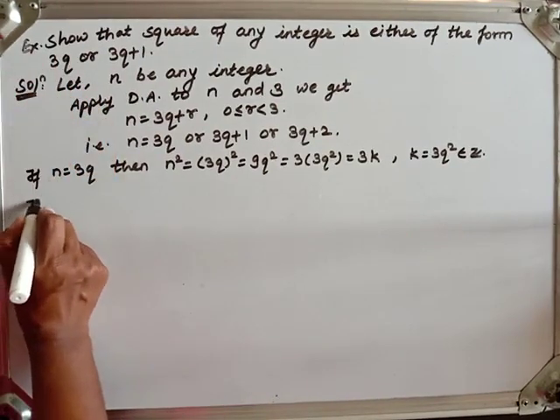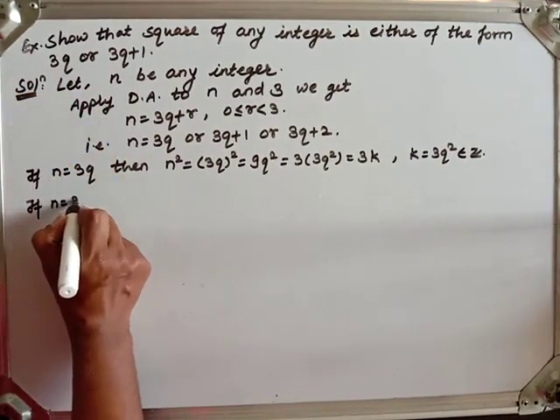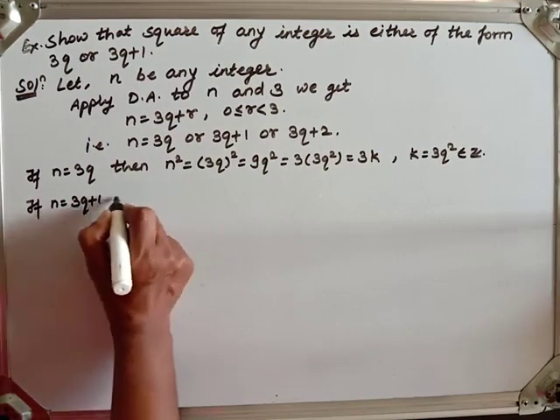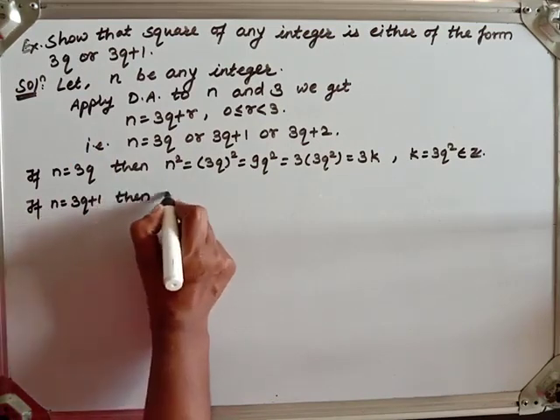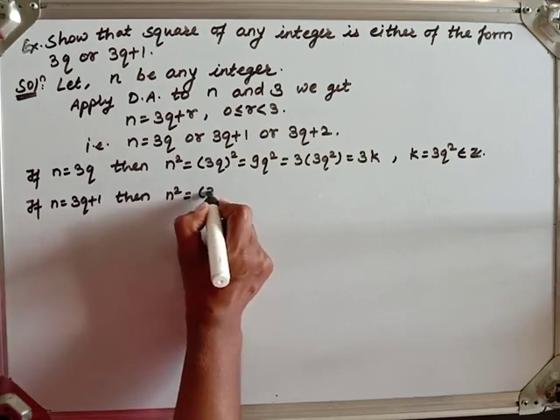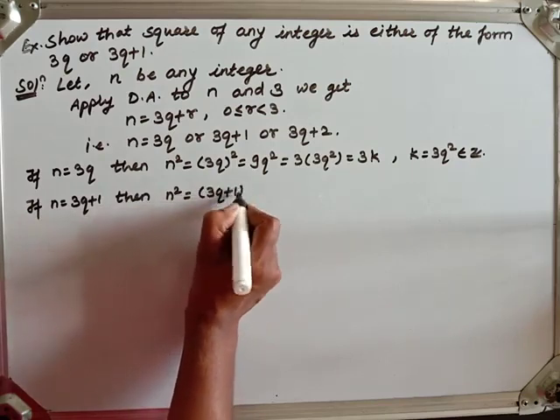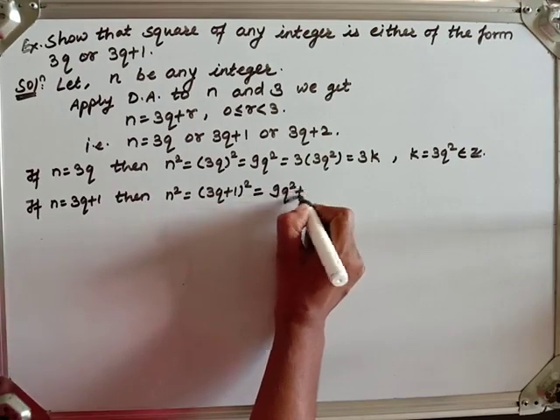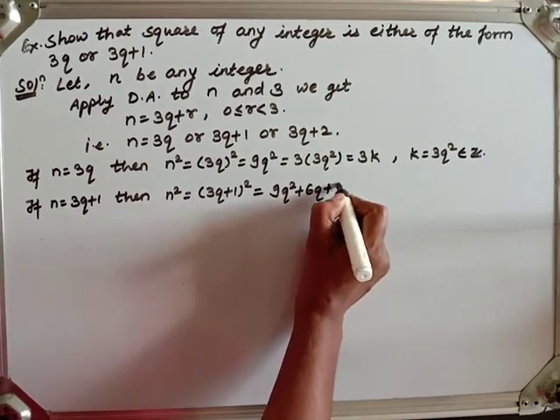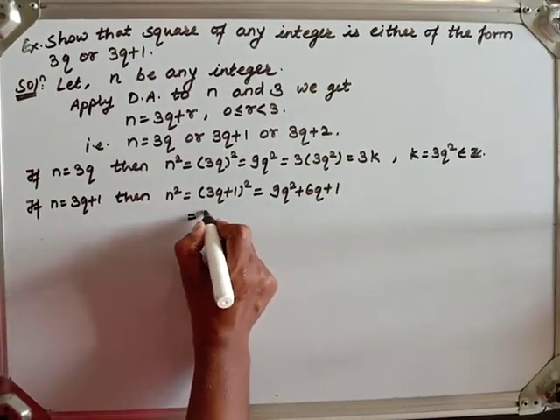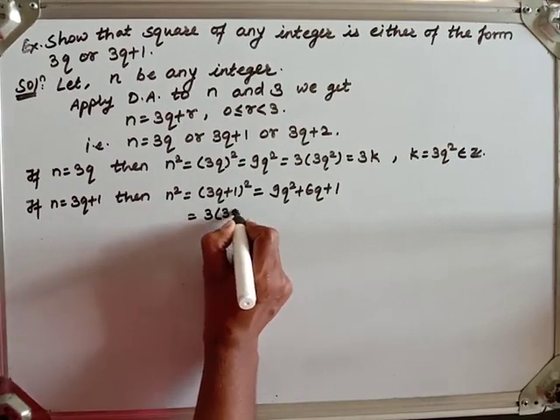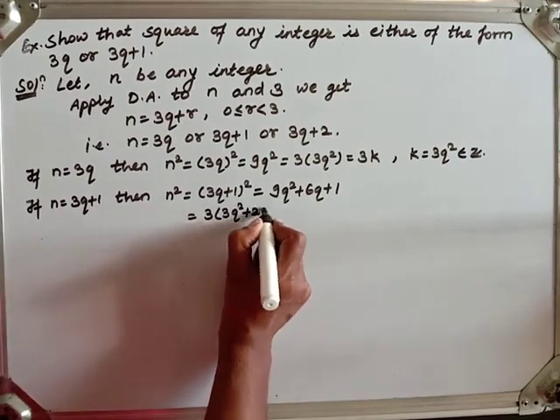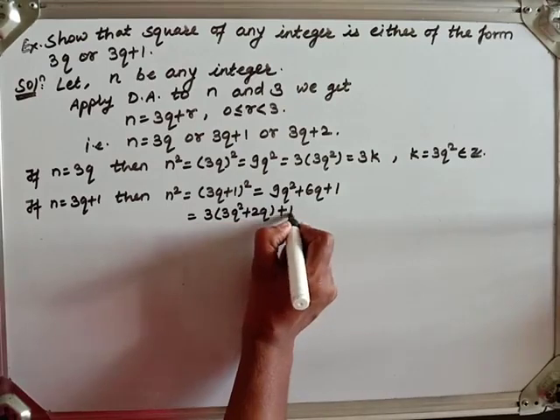Now consider n is equal to 3q plus 1. Then n square is (3q plus 1) square. So it will be 9q square plus 6q plus 1. So that is 3 into (3q square plus 2q) plus 1.